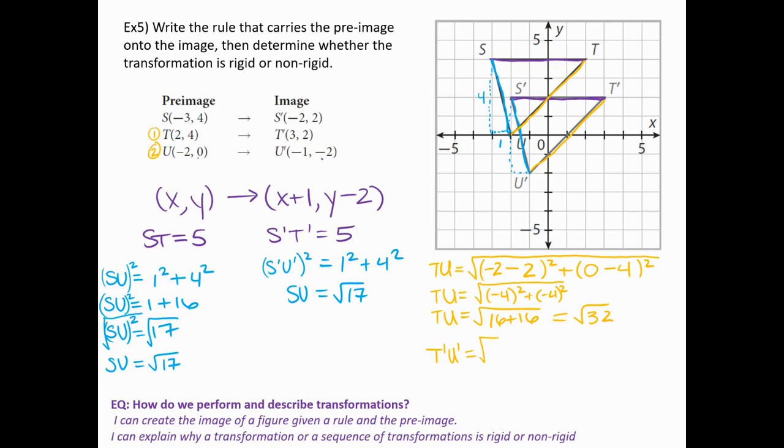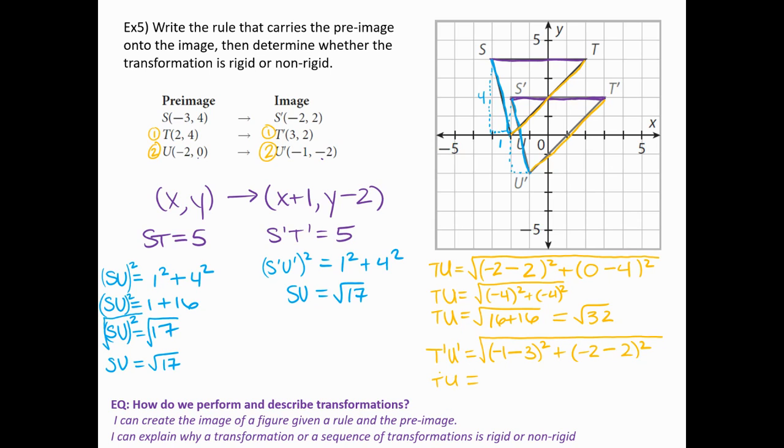So I'm going to do my big distance formula, and I'm going to label this again 1 and 2. So I do the x value from ordered pair 2, which is -1, minus the x value from ordered pair 1. Then the y value from ordered pair 2 minus the y value from ordered pair 1. Then I'm going to simplify.